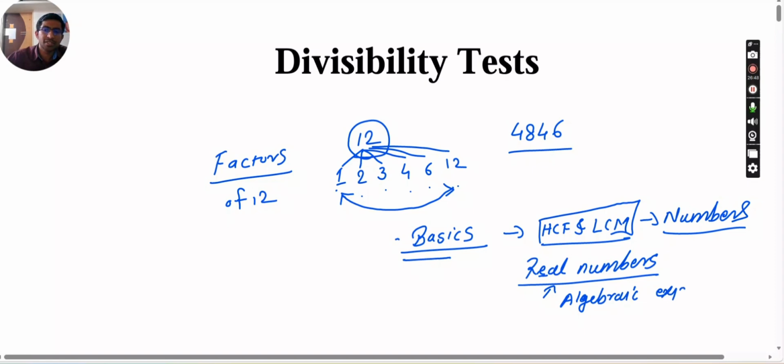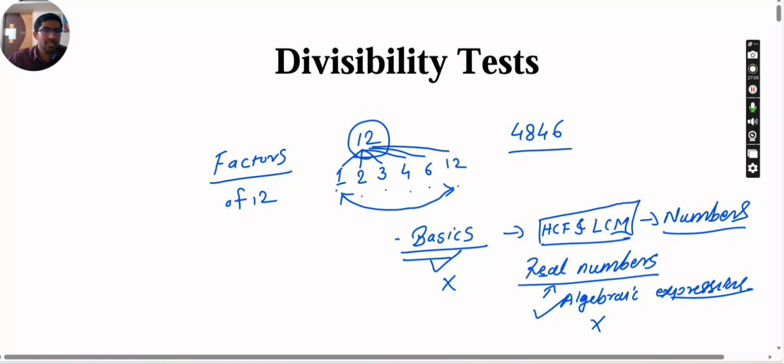If you know the base properly, you can learn the advanced things also. But if you don't understand the basic things, you will not understand the remaining things either. That's why we'll learn everything step by step.